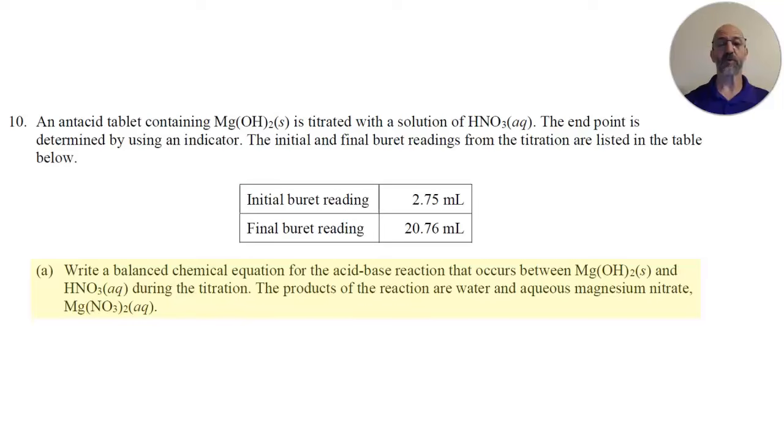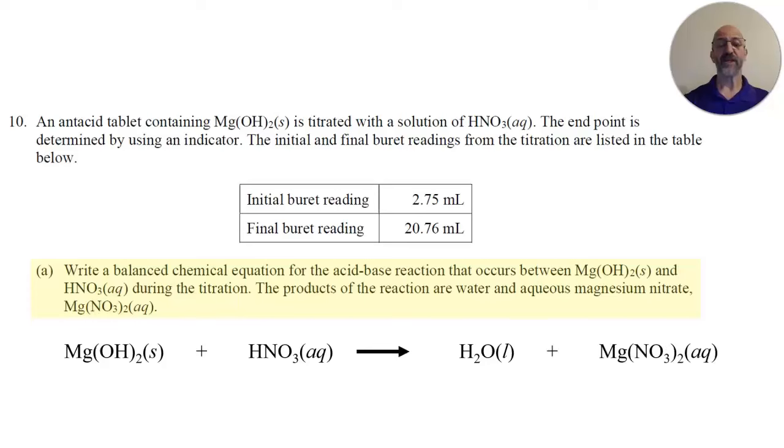Let's take a look at our formulas. So we have magnesium hydroxide, reacting with nitric acid, and the products are water, H2O, and magnesium nitrate, Mg(NO3)2. Now this equation is not balanced until we put a 2 in front of the nitric acid to balance the nitrate ions on the right.